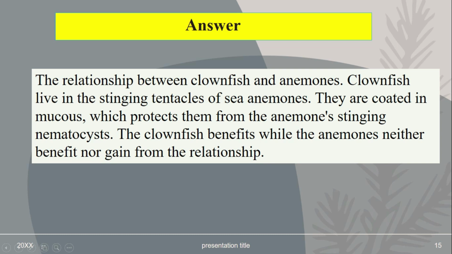Clownfish live in the stinging tentacles of sea anemones. They are coated in mucus which protects them from the anemone's stinging nematocysts. The clownfish benefits while the anemone neither benefits nor loses from the relationship. So you just need to know these examples, do your little research, get as many examples as you can for your exams.